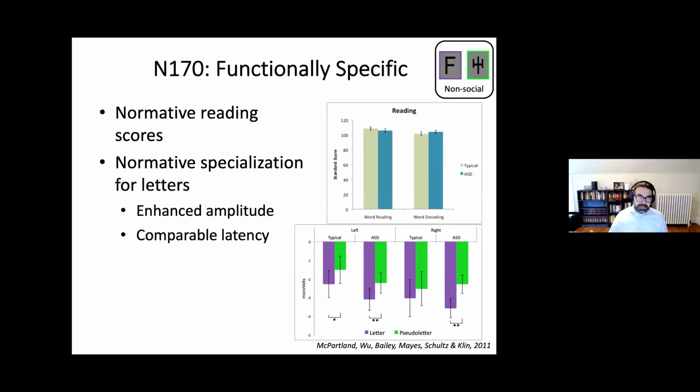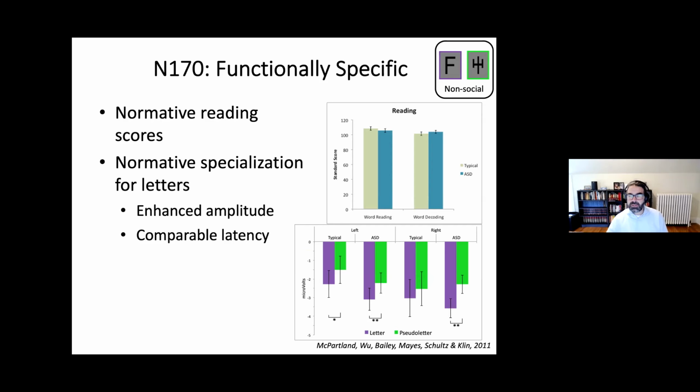When we looked at the non-social things to see whether these difficulties are specific to the social domain, well, in terms of behavior, people with autism did just fine. Their word reading and word decoding scores were in the average range and were the same as the typically developing children in the study.